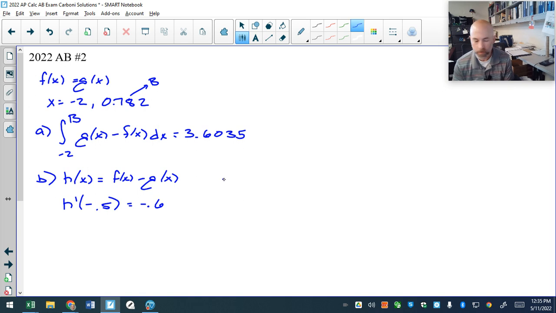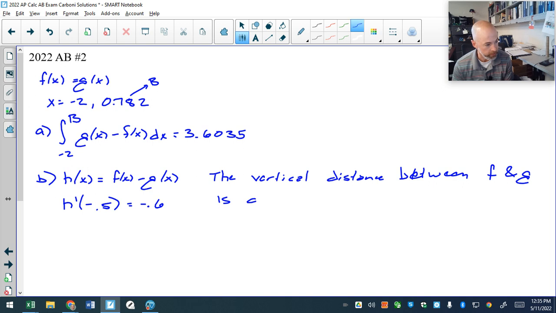Therefore, the vertical distance between F and G is decreasing because h prime of -0.5 is negative.